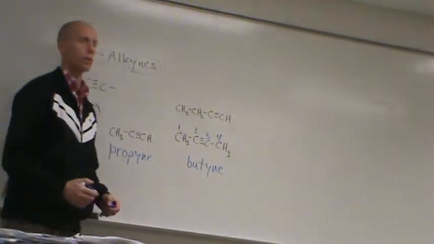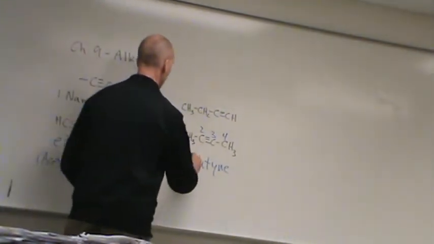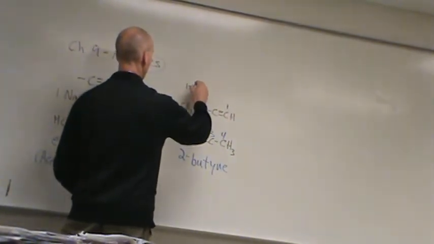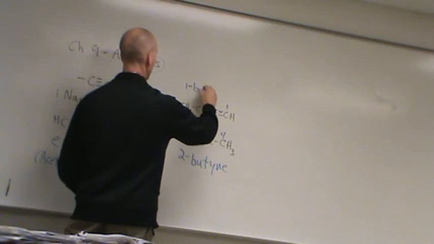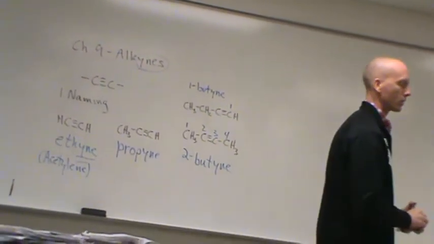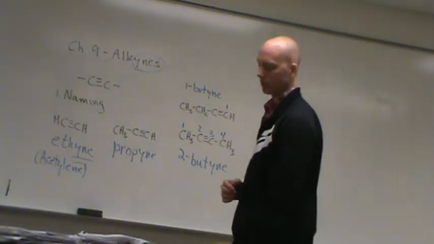Okay, so I got to tell you where the triple bond begins on this one. At 2, on this one, begins at 1. So starting at 4 carbons, I've got to start using numbers to tell you where the triple bond is located.